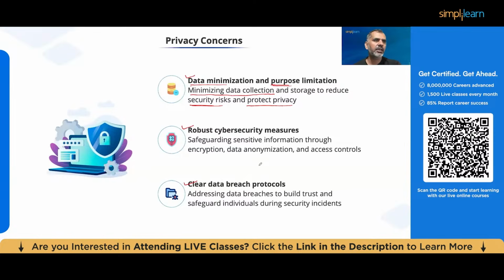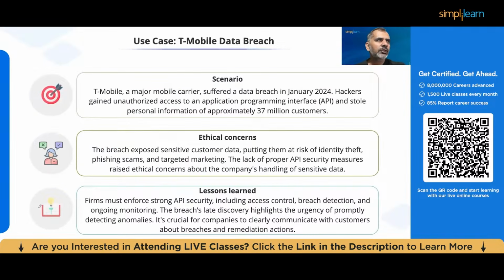That means if any data breach happens, how are you going to address it? You have to be very clear with the process. That's what we call data breach protocol. And when you display these data breach protocols, it helps you build trust and safeguards with individuals during security incidents.